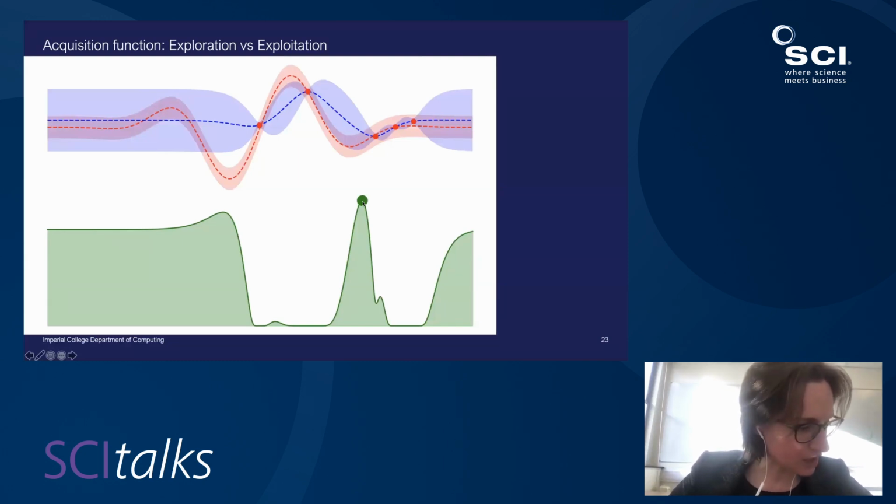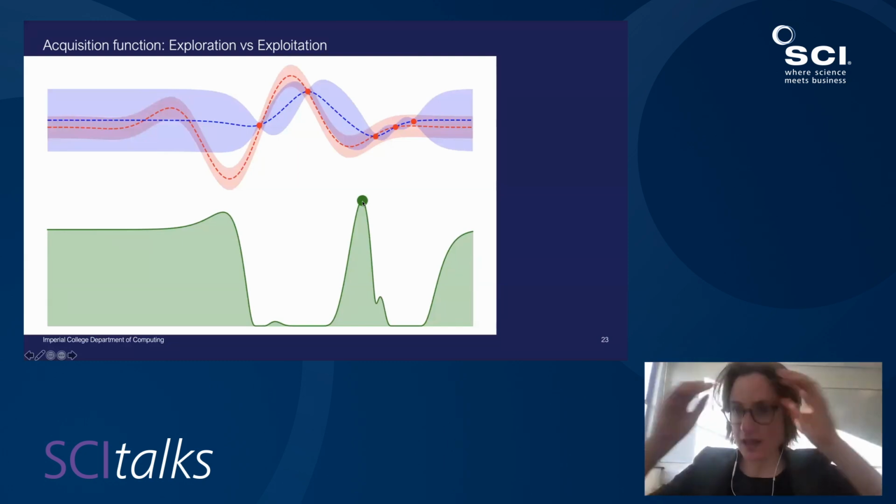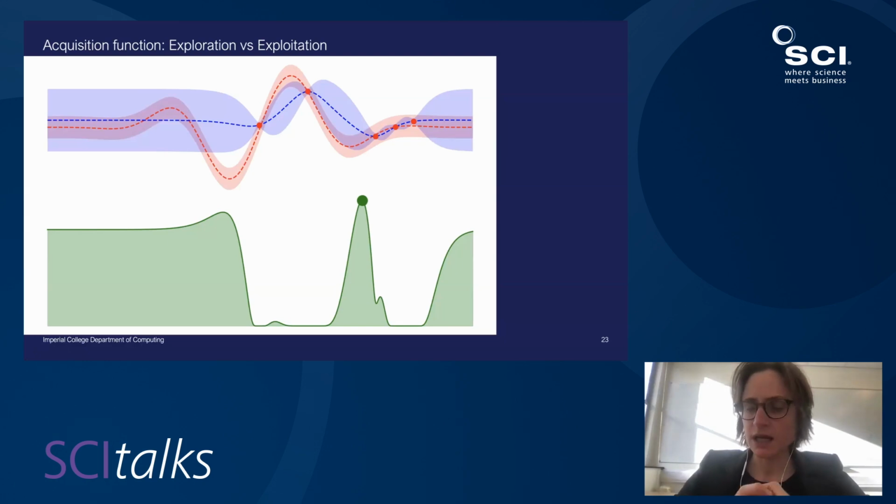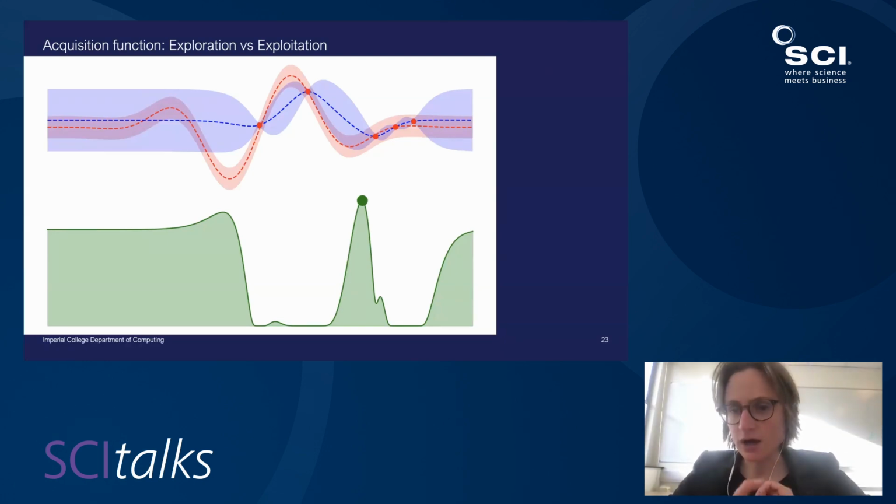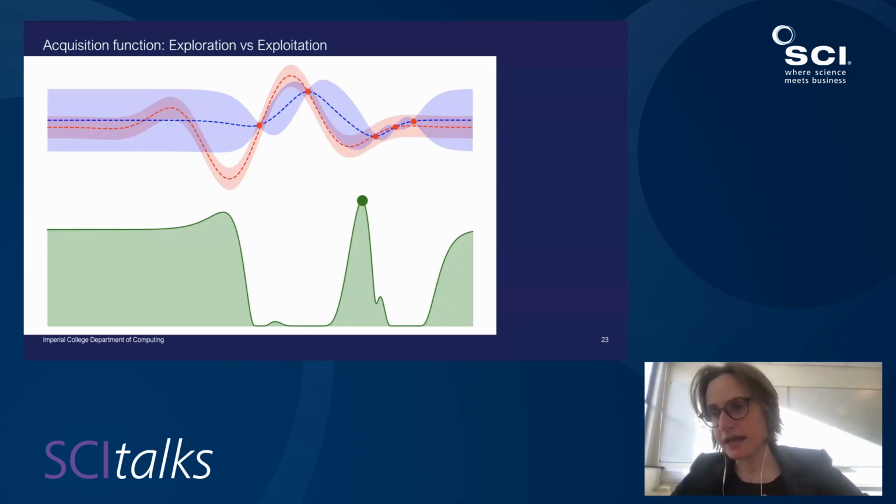This particular acquisition function is called upper confidence bound, where I am making a linear combination of the expected value and how uncertain I am.